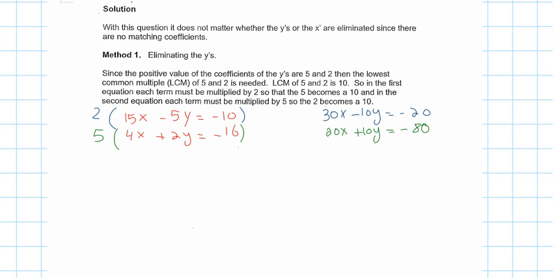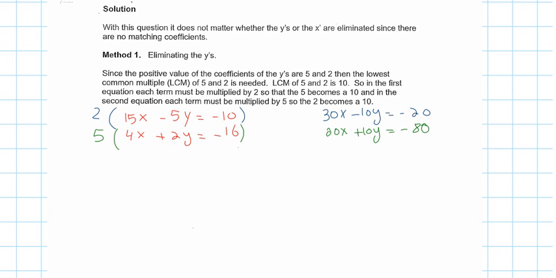Good. Now you see that the y's have the same coefficient. One is negative, one is positive though. Okay? So do I add or subtract to get rid of the y? If you have negative 10y plus 10y, what do you get? What's negative 10 plus 10? 0, right?